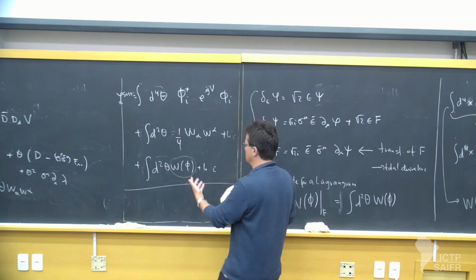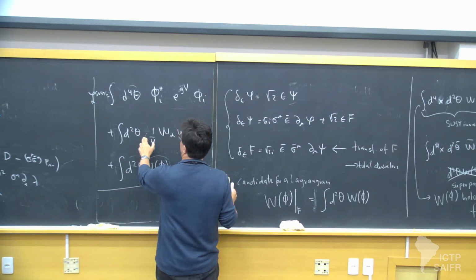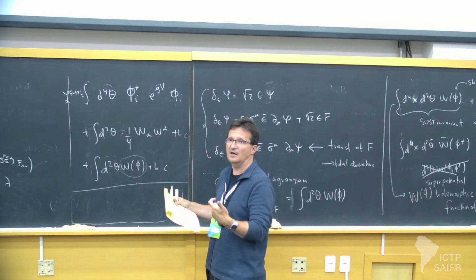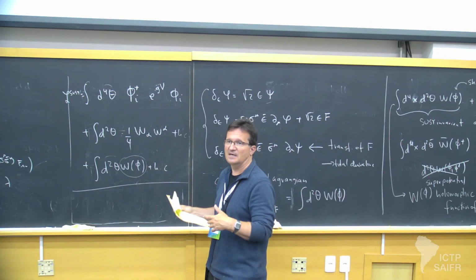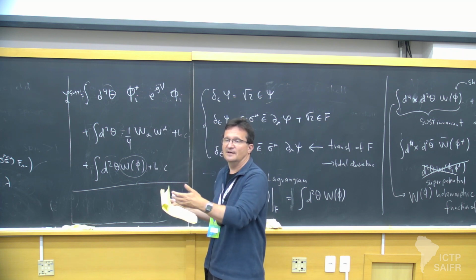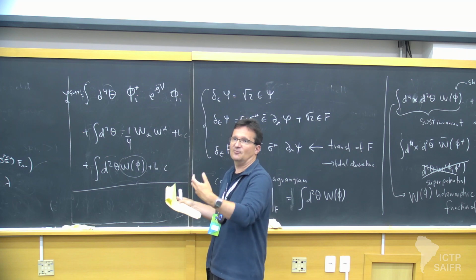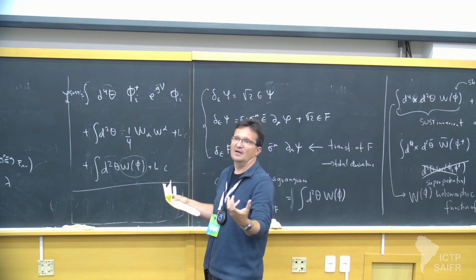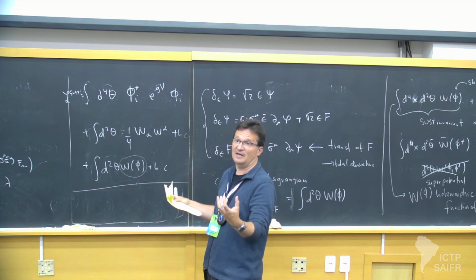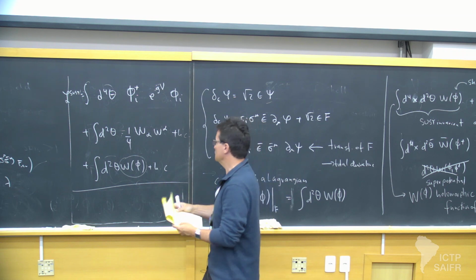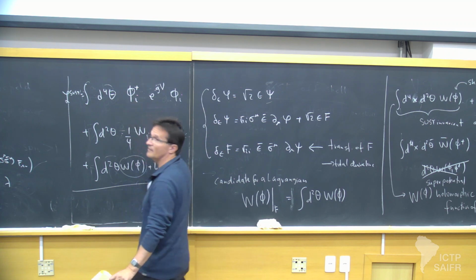In fact, you can show that that's always true. The highest components of these superfields have no other choice, because there's no new field that you can bring in. It has to be related to the derivatives of the fields that are already present at lower order. So these will always be total derivatives.